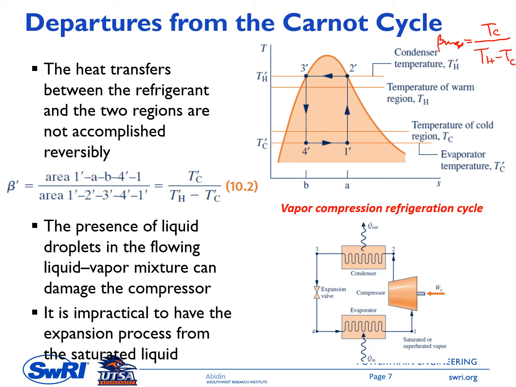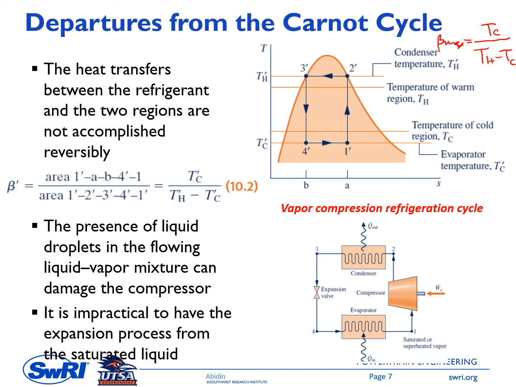For reversible heat transfer, we don't need a delta T, but we would need an infinite area for the heat transfer. In reality this won't happen, so we will need a delta T to enable heat transfer because the area is not infinite.